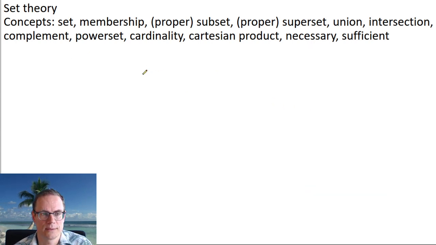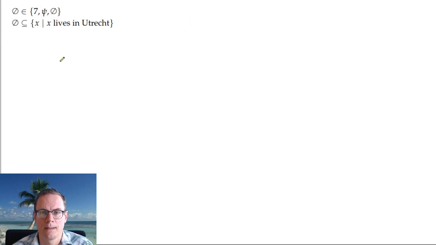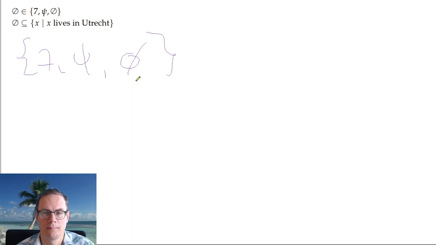All right, let's do some exercises now. Here's a question. We have a set containing 7, 5, and the empty set. Is the empty set an element of that set? Well, let's look at the elements: 7, 5, empty set.